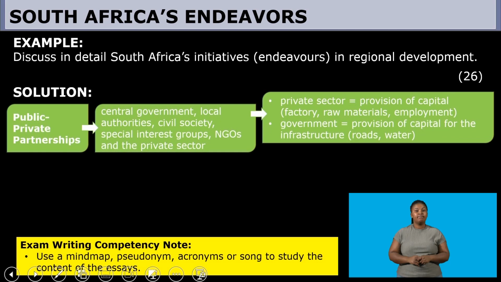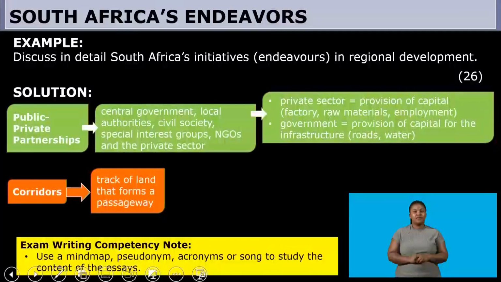And in this partnership, the private sector can provide capital in the form of factories, the raw materials, which will create jobs, and the government can provide the capital in the form of infrastructure, roads, and water. So you can see that it's a joint effort between the government and the private sector, which actually helps to develop the poor area.